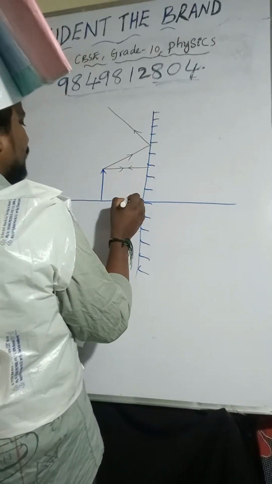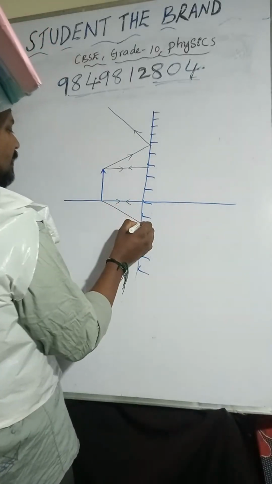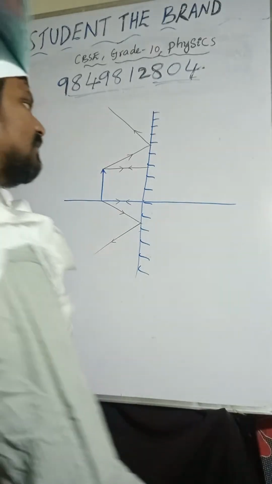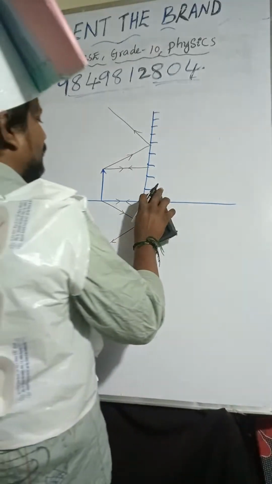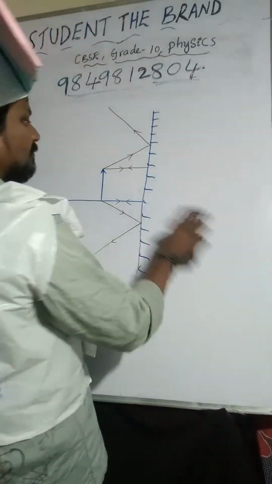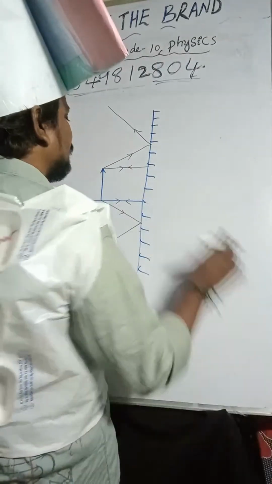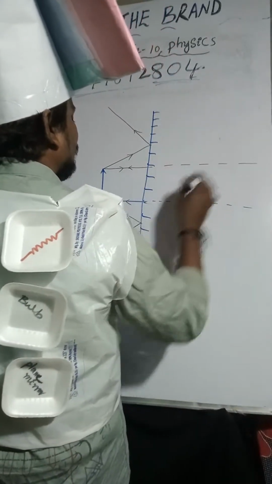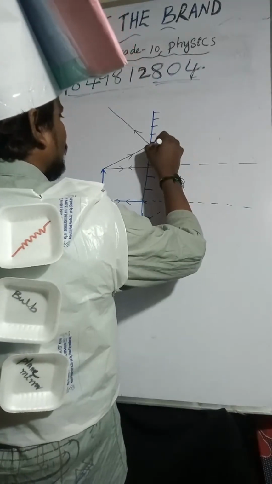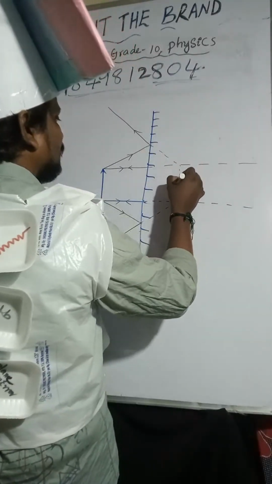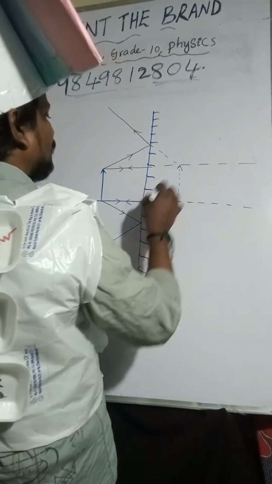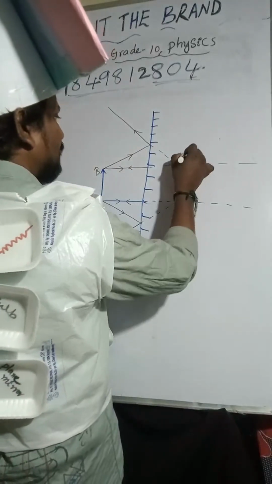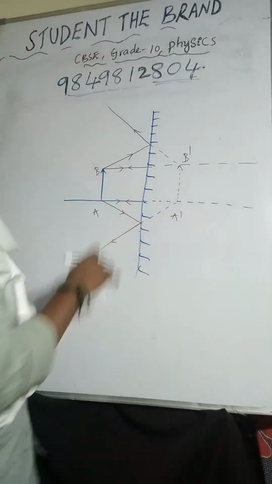If you extend these light rays, they will meet at one point. So this is AB, and this one is A dash B dash.